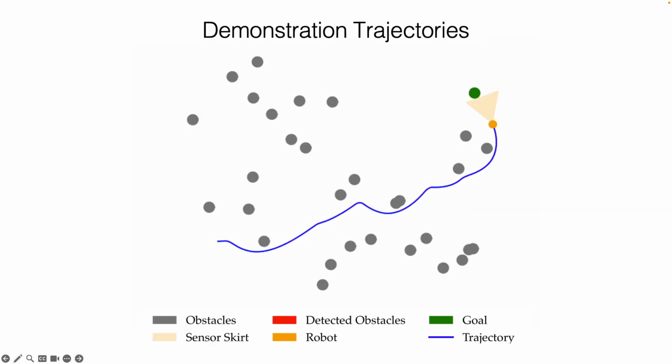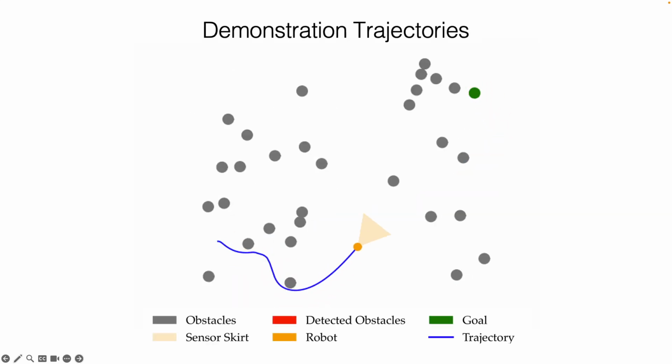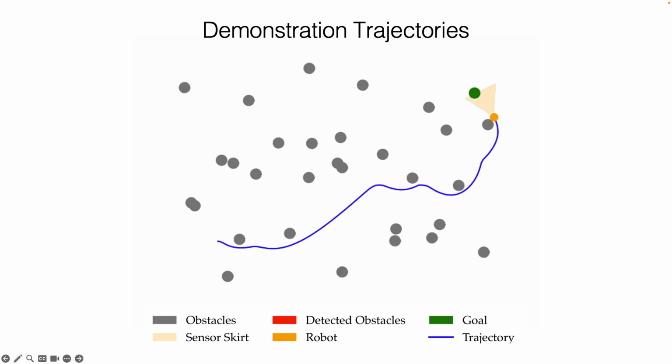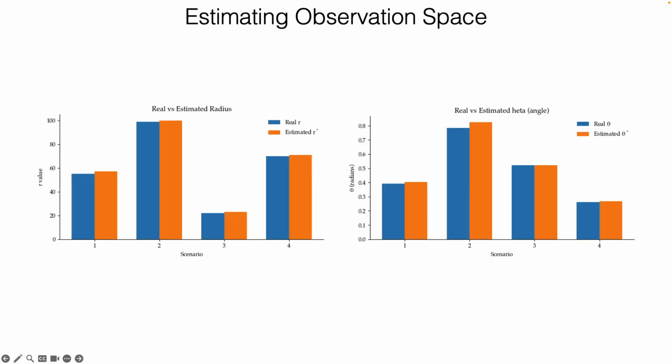In a simulation setting, we collect a bunch of demonstration trajectories of such an agent navigating through an environment with obstacles. We use these trajectories to estimate the observation space of the agent via first order methods such as Bayesian optimization or the cross entropy method.